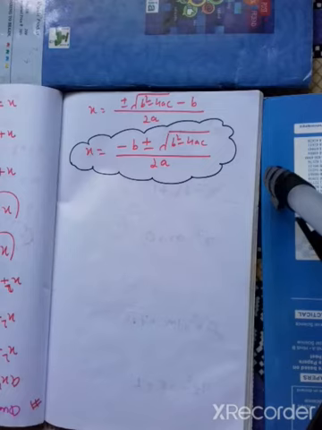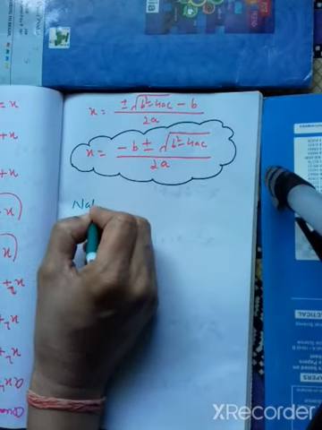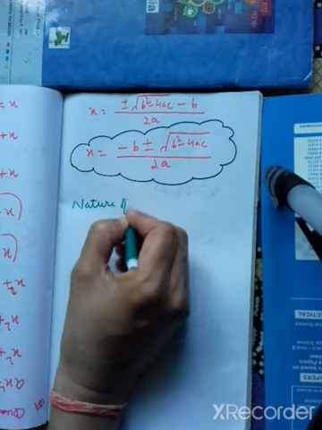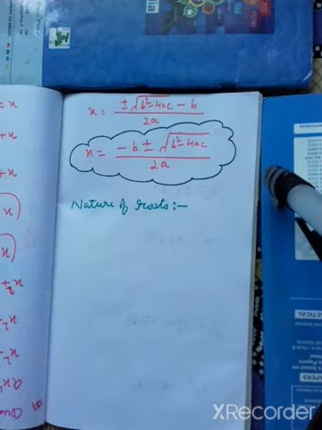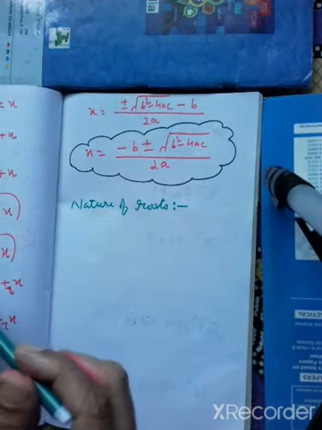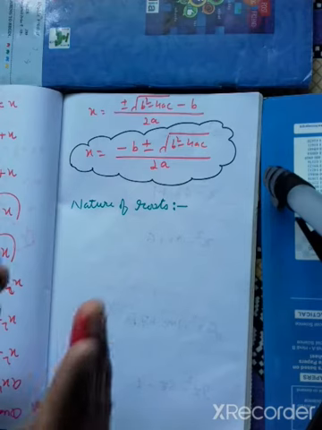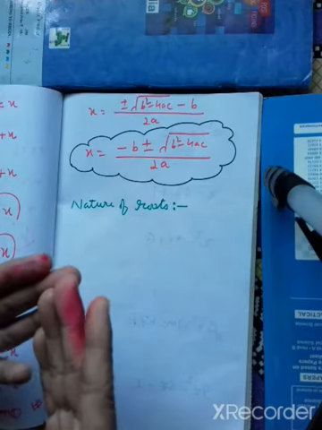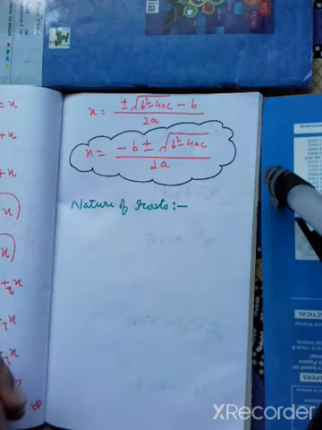Now after this we are going to discuss the nature of roots. See, what is the nature of roots? While solving a quadratic equation, when we solve it out and get its roots, it may be possible that both roots are the same, or that both roots are different.